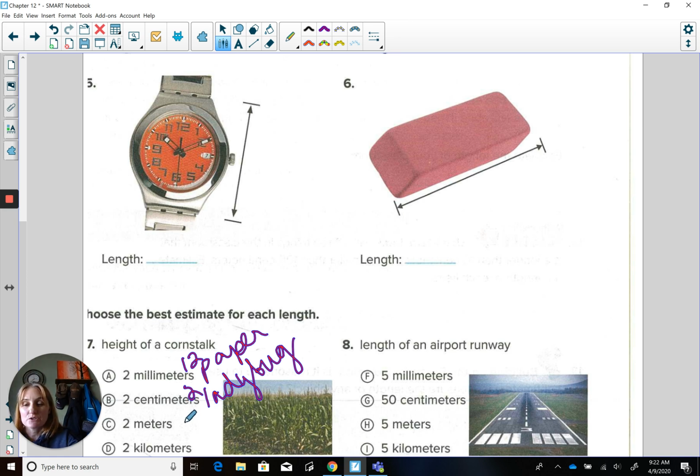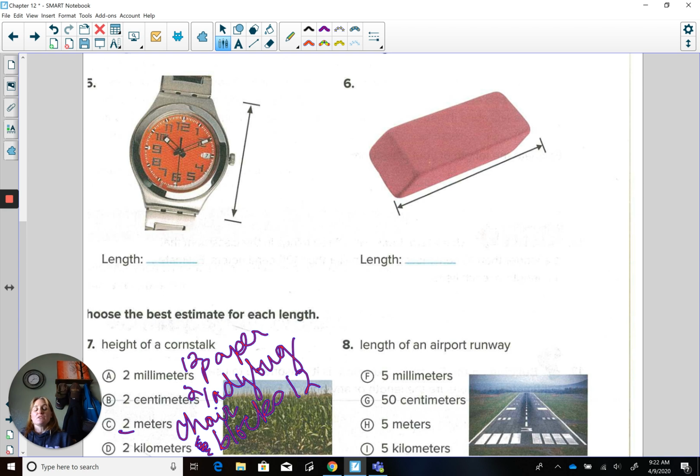A meter is your chair. So that would be like having 2 chairs laid down side by side. A kilometer is 6 blocks, right? Sorry, I'm writing over the picture. 2 of those, though, would actually make this answer what? You're right, 12 blocks.